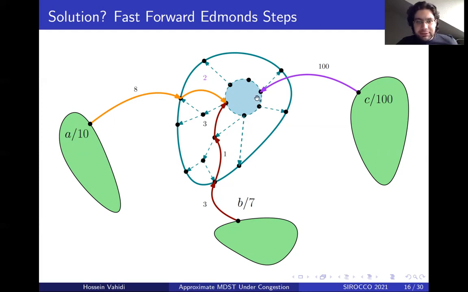Again, assuming that the root is not inside this component, it needs to be connected to the root. So we need to pay at least as much as the shortest incoming path to this component, and more specifically to this node over here, this zero-weight cycle.